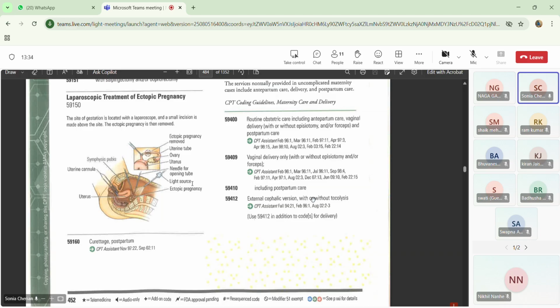Until then, whatever package she's getting from the hospital will be included in that global delivery package. But after 6 weeks of her postpartum, if she's coming for any other services, it will be billed separately. It won't be included in the delivery package. Okay.